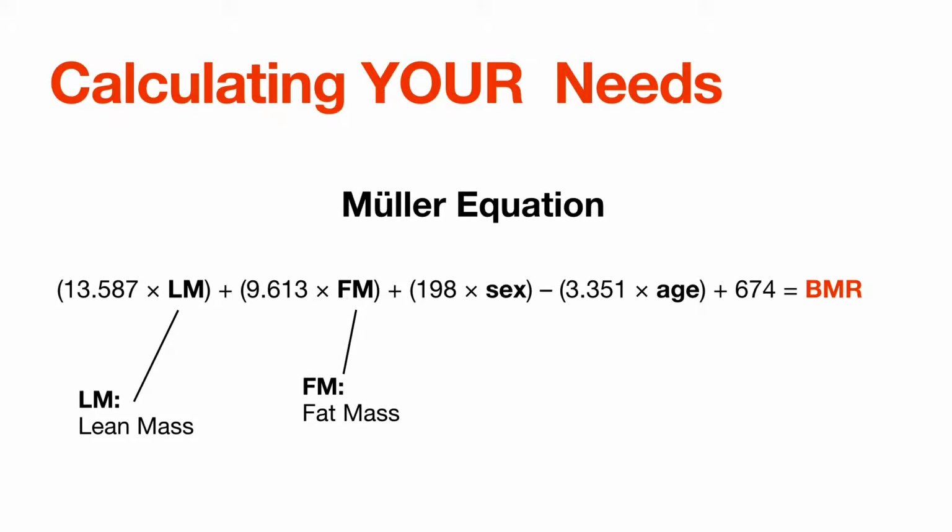This tells you the total amount of fat on your body. Moving on to sex, if you're a woman and you're using this equation, it's imperative that you use 0, not 1. And if you're a male, you want to use 1. Age is pretty self-explanatory. So guys, if you follow step by step throughout this entire equation using basic algebra, you'll be able to calculate your BMR at the end.